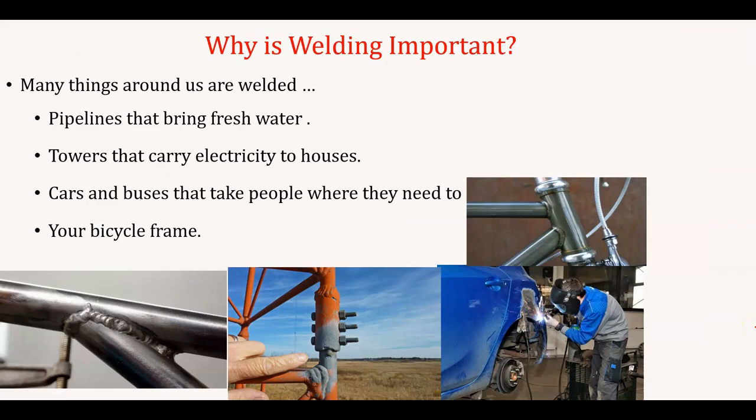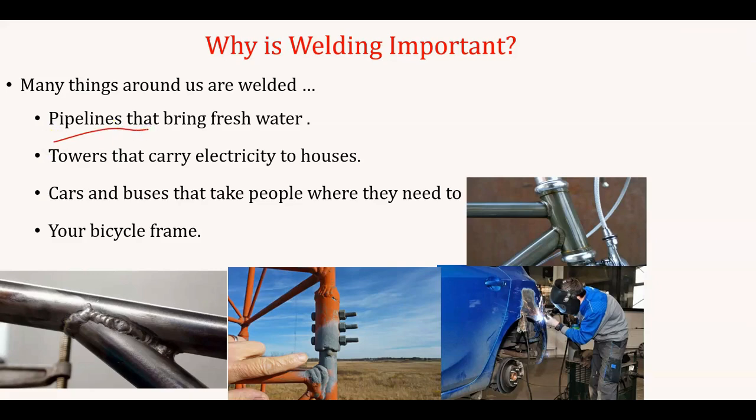Why is welding important? We cannot skip welding in our real life. Why do we need to weld all the components? Because whatever you see in your day-to-day life, everything is welded. Many things around us are welded, starting from the pipelines that bring fresh water to our house.